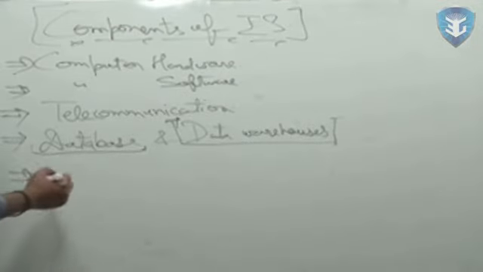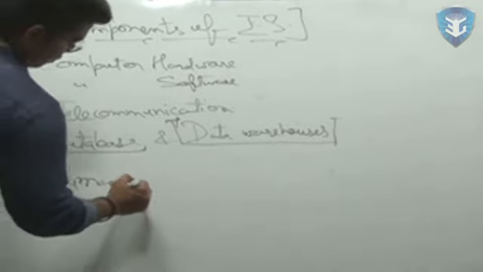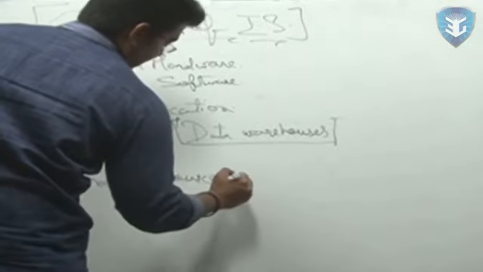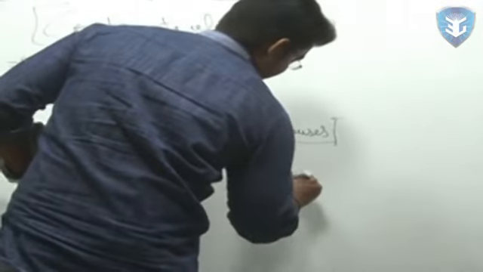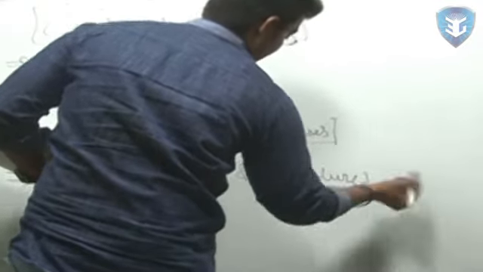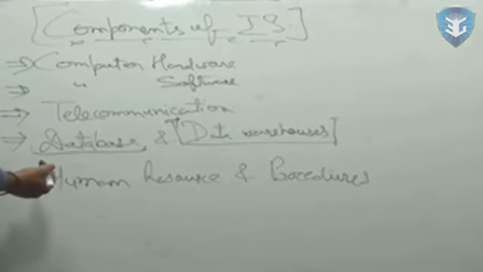The last one is human resource and procedures. Obviously, because without us or without human compliance, no system is useful to us.